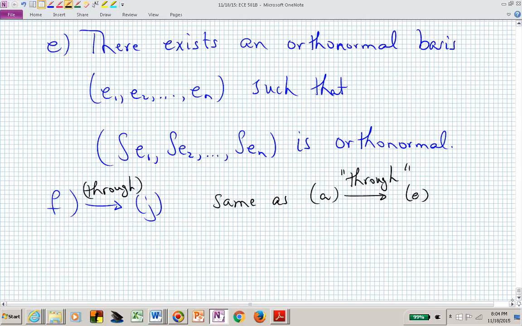It's just we can make statements F through J the same, except now we need to replace everywhere we had S, we need to substitute its adjoint.